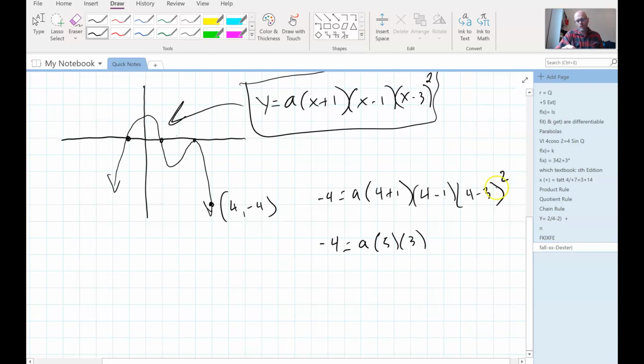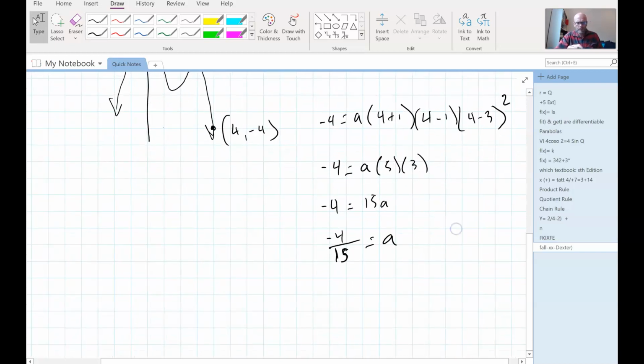And 4 minus 3 is 1. 1 squared is 1. So that would be -4 is equal to 15a, which means -4 over 15 is equal to a. So that tells me that the a would have to be -4/15.